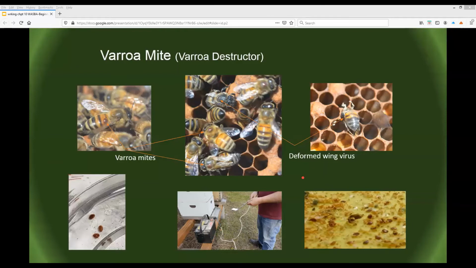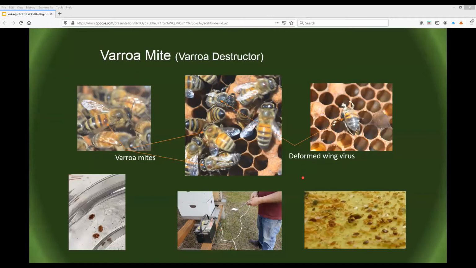Oh, and Marie, varroa mites suck the fat off the bees, not their blood. That's why they're so bad, because they get on these healthy bees and suck the fat out of them. They're not sucking blood like a tick.